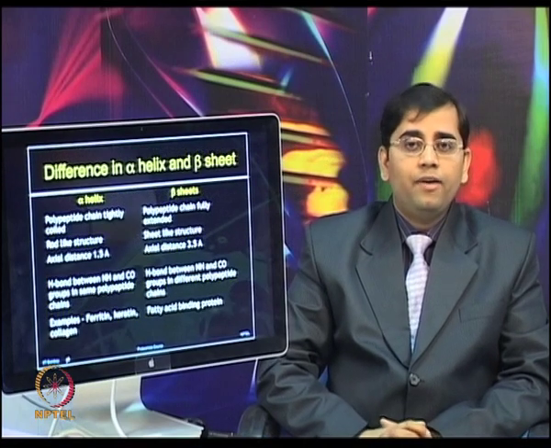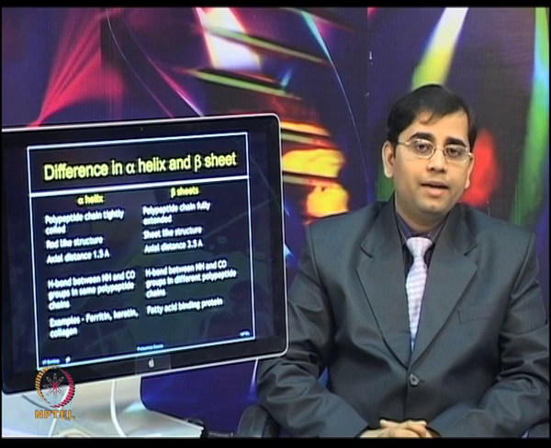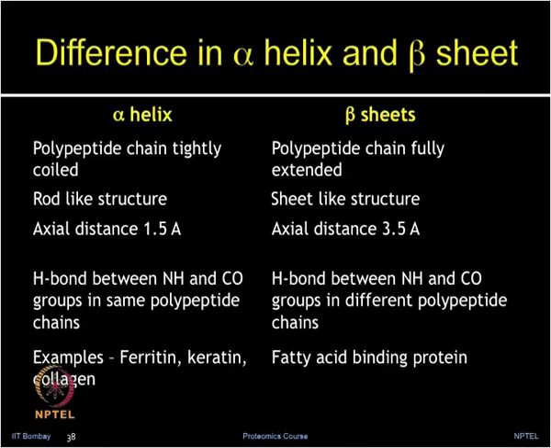The differences between alpha helix and beta sheet are summarized in this slide. The alpha helix polypeptide chain is tightly coiled, whereas in beta sheet it is fully extended. Alpha helix is a rod like structure and beta sheet is a sheet like structure. The axial distance between adjacent amino acids is 1.5 angstrom in alpha helix, whereas it is 3.5 angstrom in beta sheets.